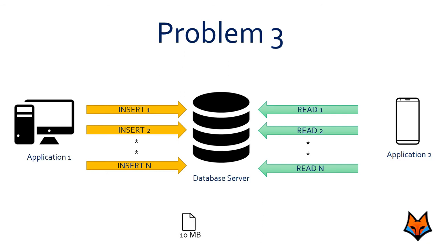Suppose initially the size of the database is 10 MB, and then application 1 starts inserting, so obviously the size will increase to say 100 MB and then 10 GB in future. For this we need more space, more storage devices, and again more maintenance, and then the cost will increase. So this is the third problem.